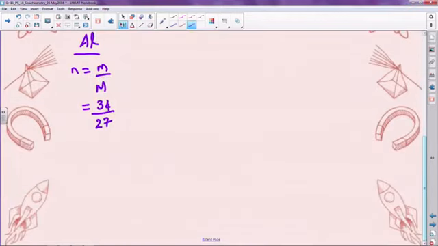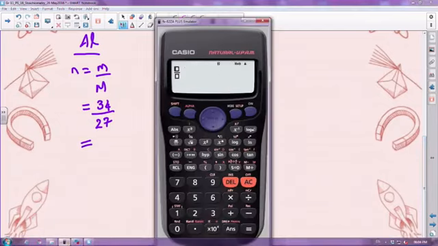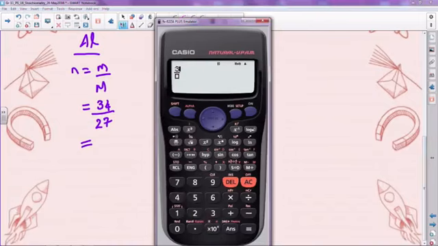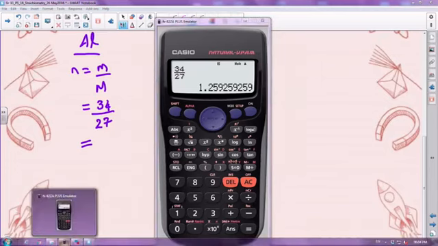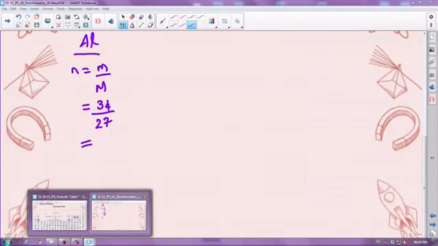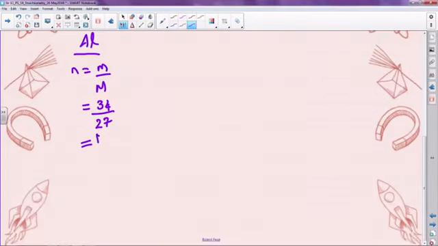Okay, and that will give me, let me go to my calculator quickly, 34 over 27. And that gives me 1.259. Okay, so let's make that 1.26 moles.